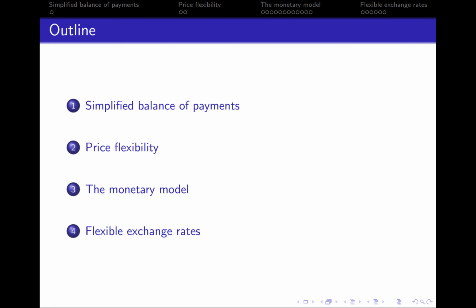Then we're going to discuss the monetary model, and we're going to start with fixed exchange rates, and then we're going to reformulate the same model. We're going to make it a little bit more sophisticated and in terms of logarithms to see what happens in case of flexible exchange rates.